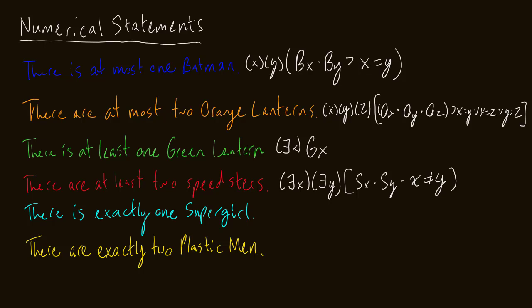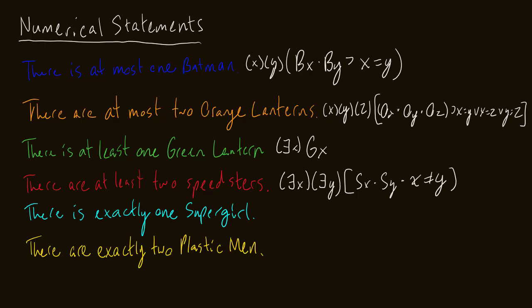And so it must be the case that x equals 3. Likewise, for it to be the case that there is exactly one Supergirl, there must be at least one Supergirl, and there must be at most one Supergirl. Then there has to be exactly one Supergirl. So that's basically what I'm going to do. I'm just going to conjoin my at least and my at most statements, right?